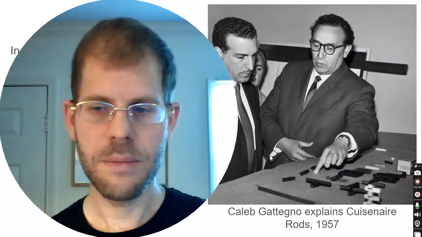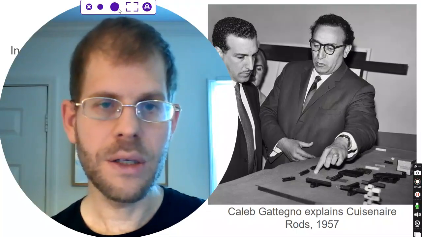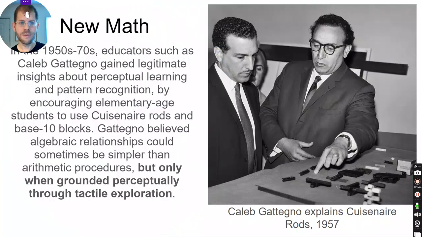So I have a presentation here just about all the problems with math education. A lot of people have heard of new math, and that was actually not what it turned into at first.